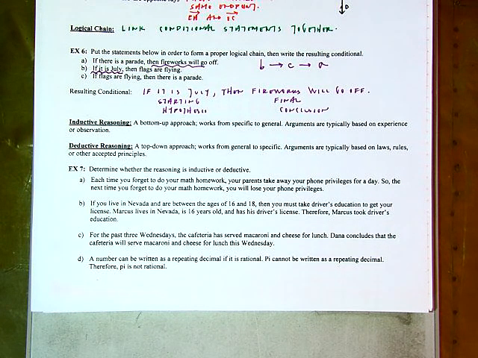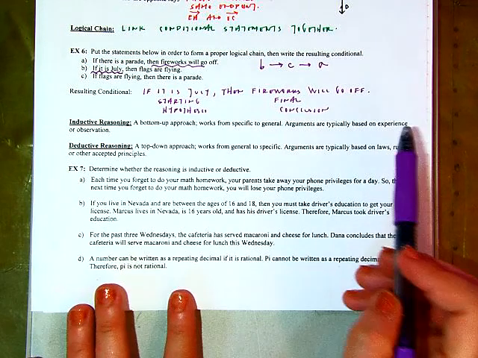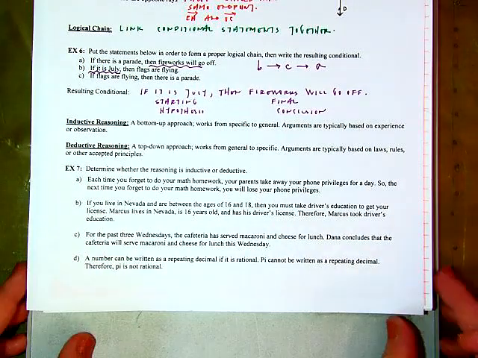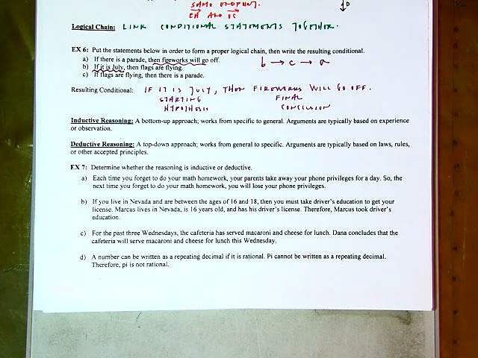We have two types. We have inductive and deductive. So inductive is a bottom-up approach, works from specific to general. Arguments are typically based on experience or observation or some sort of pattern that we are recognizing. Deductive is what we're going to be using in our formal geometric proofs.